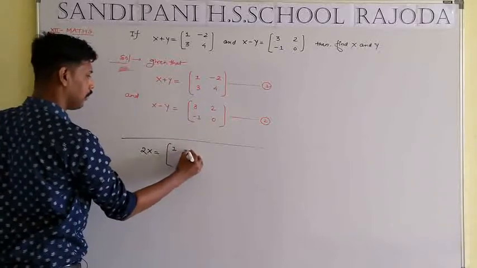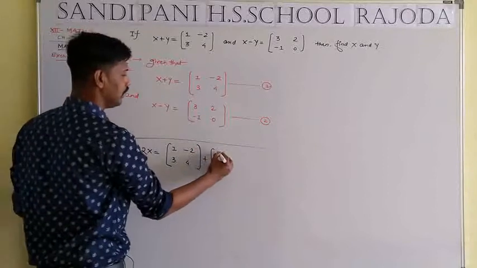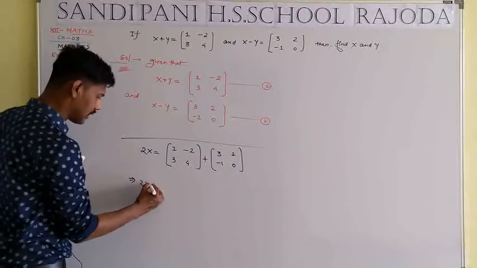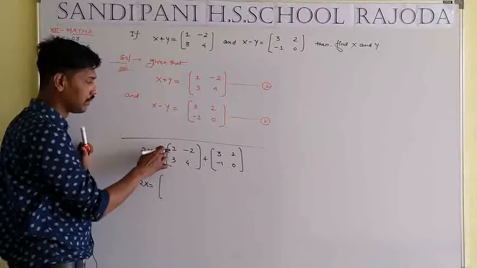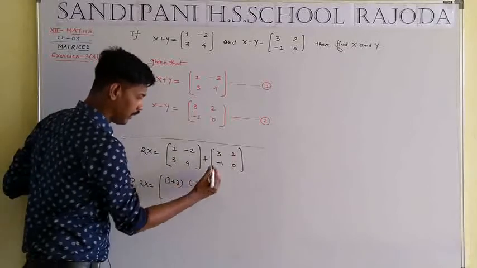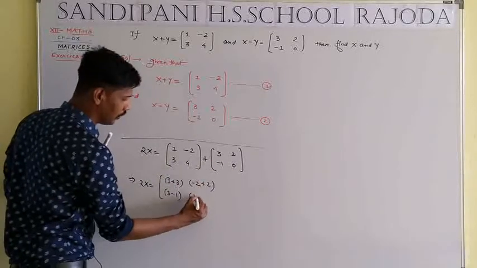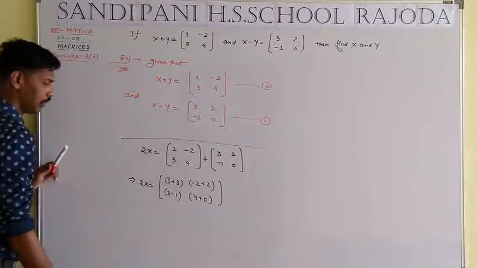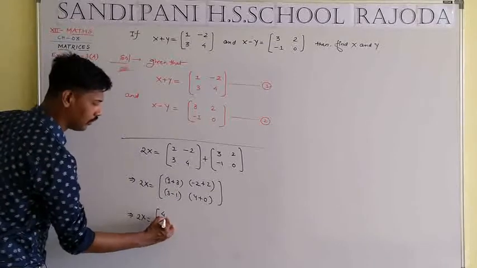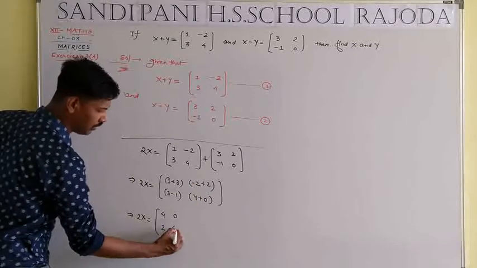RHS 1 minus 2 3 and 4 plus RHS 3 2 minus 1 0, such that 2x will be equal to the first element added with the first element: 1 plus 3, minus 2 plus 2, 3 plus minus 1, 4 plus 0. So 2x will be equivalent to 4, 0, 2, 4.